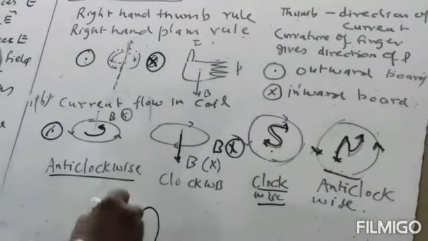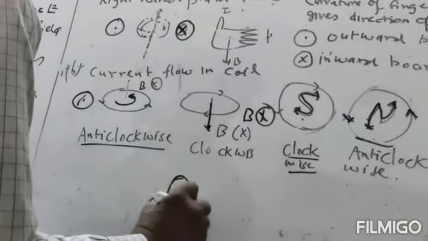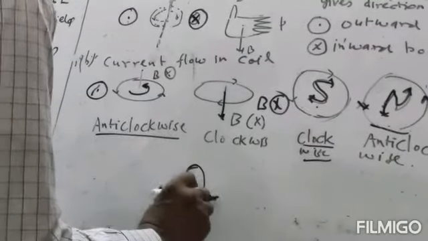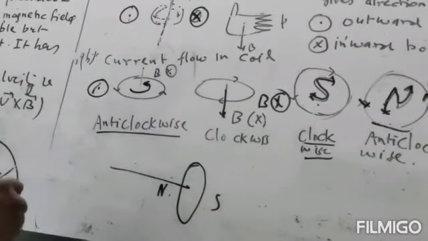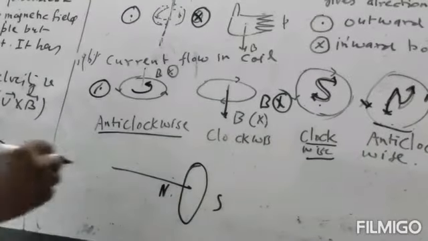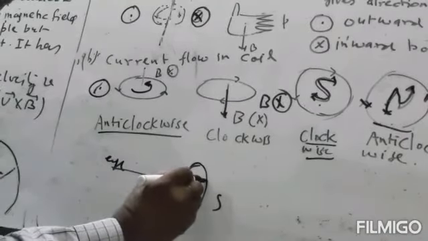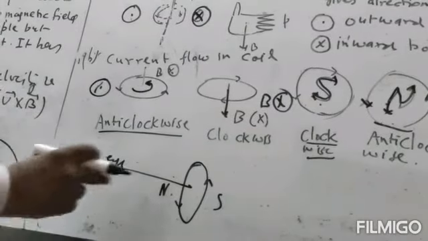Suppose this is the north pole, then the opposite will be the south pole. When will it be north pole? If we see from here and the current is passing in the anti-clockwise direction, then it will be north pole.